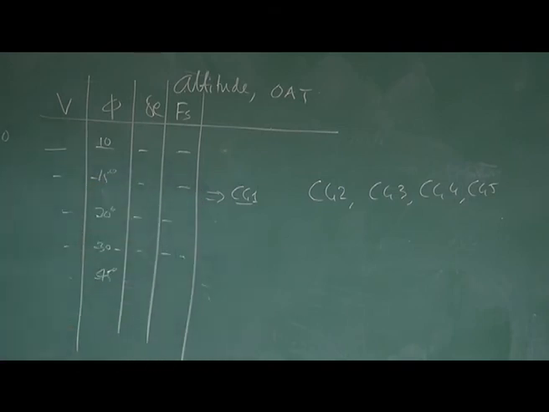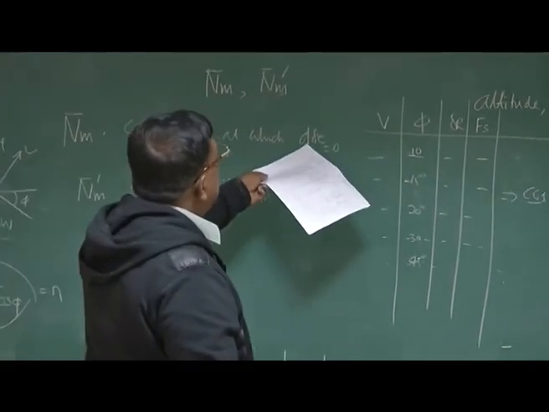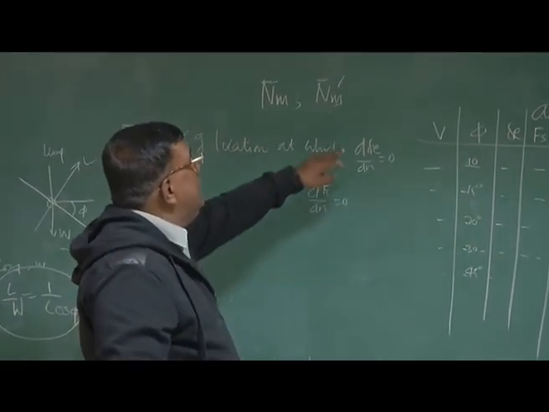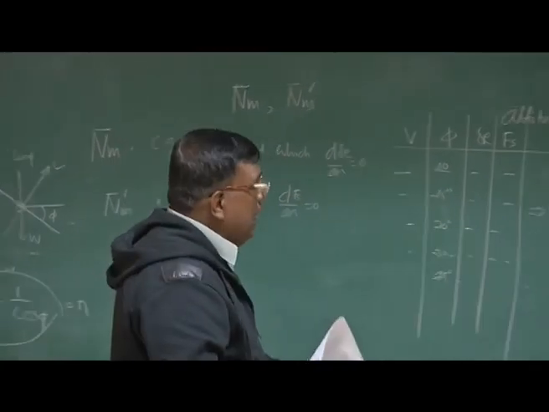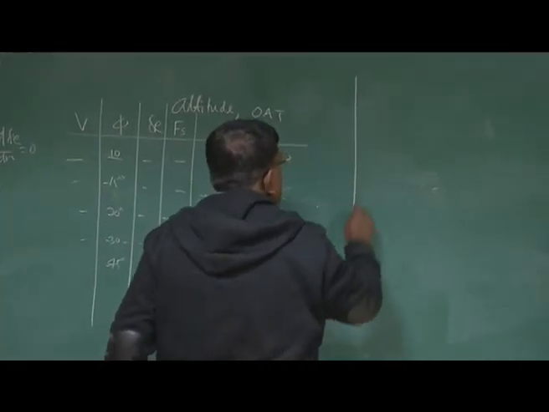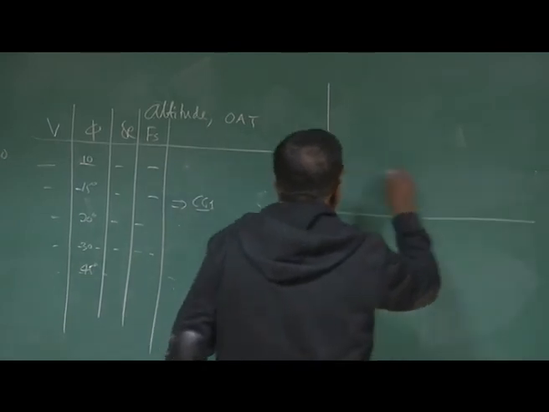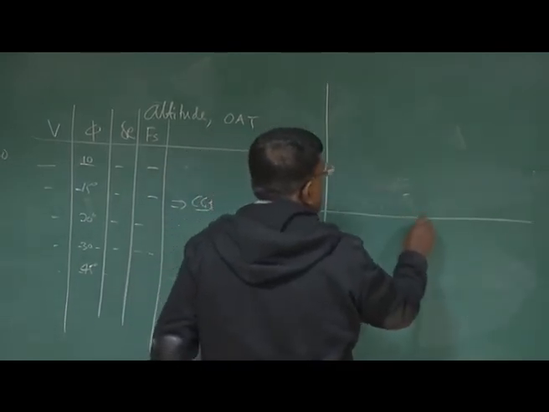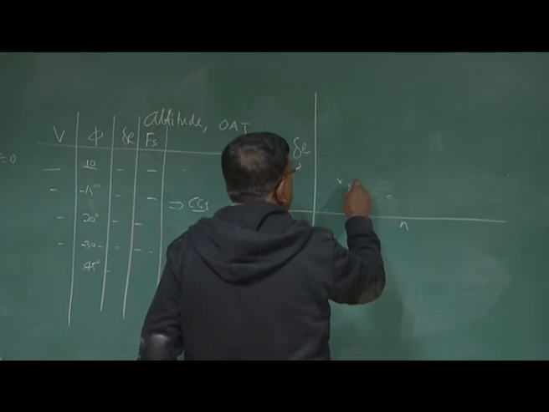So now, if I want to calculate neutral point stick fixed, I know it is the CG location at which d delta E by dn is 0. So what I have to do? Very simple. I will plot delta E and n.